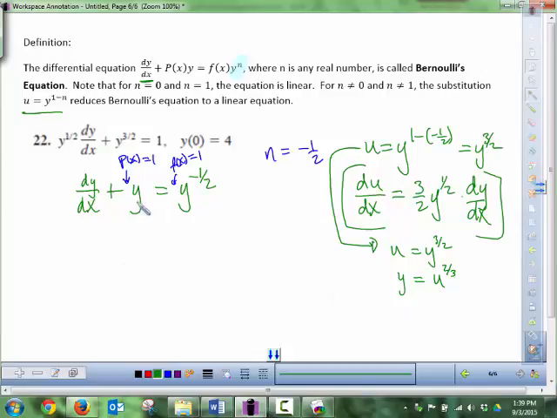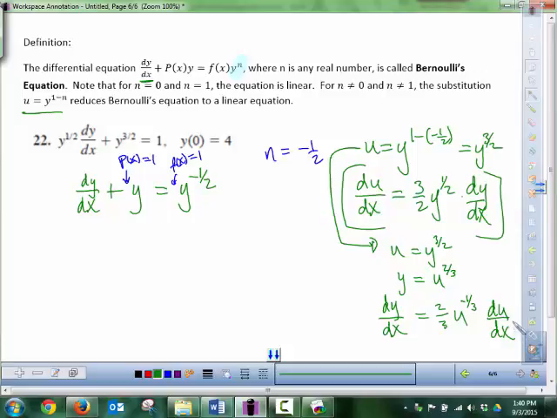So now let me take it from here instead of taking the derivative of u here. Let's take it from here because we want to replace the y's with the u's, and then we also want to replace the dy dx with a u. So this is 2/3 u to the -1/3, right? And then there's a du dx as part of the chain rule.